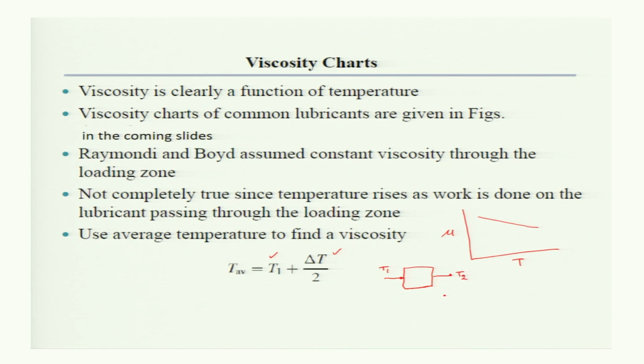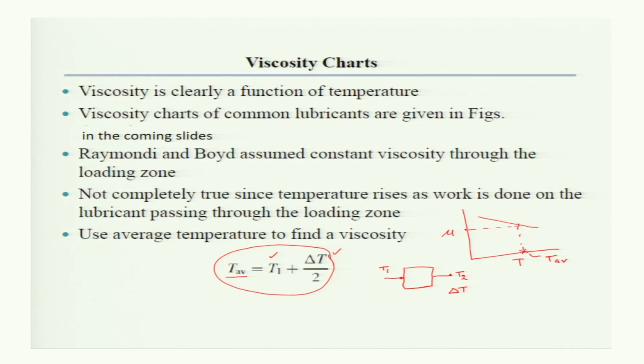This difference is delta T. So, the temperature of the lubricant inside the bearing system will be taken as the T average, that is, T1 plus delta T divided by 2. This will be your T average, and it will be taken to determine the mu.